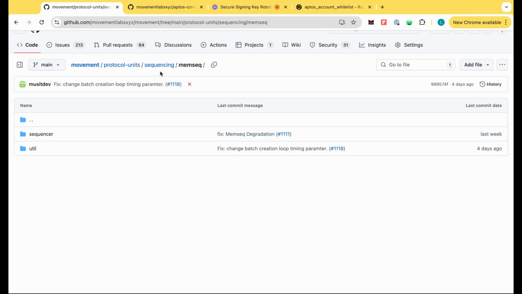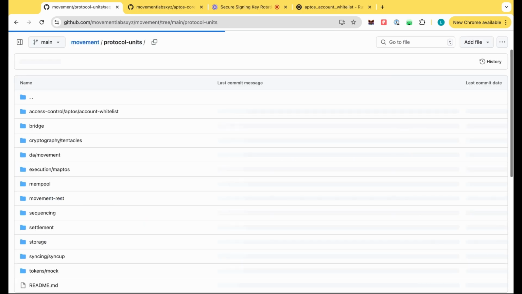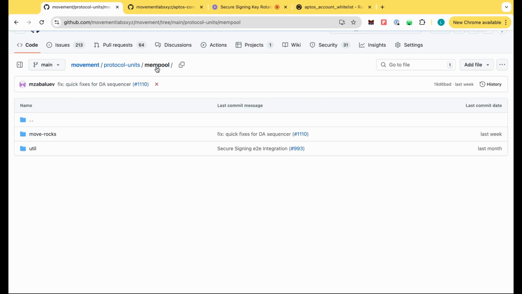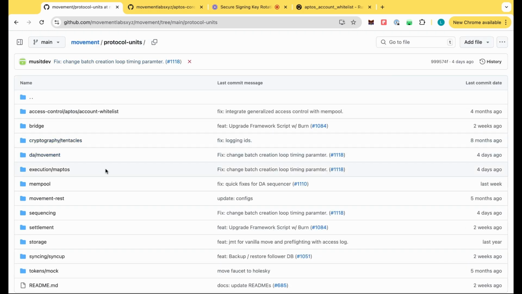And at the moment, the structure implementing the mempool trait that we're using is this move rocks guy. So you would be able to trace those out from the DA, but if you're just trying to look quickly at all of what is encompassed in the DA at the moment, you would look at DA/movement, sequencing/memsec, and then mempool/move rocks. Okay. So that's pretty much the DA.